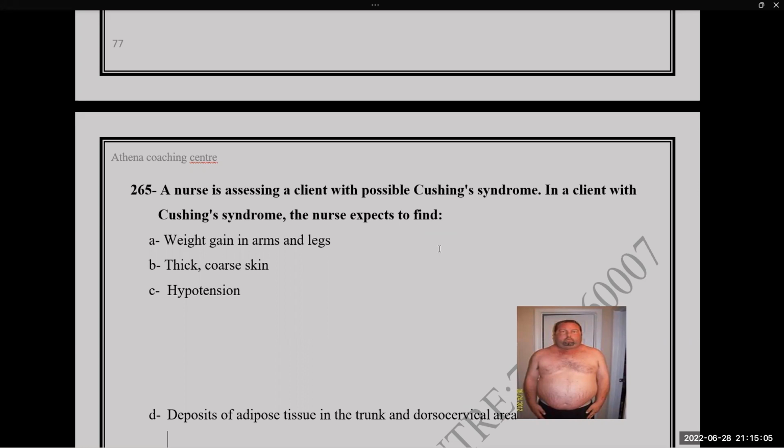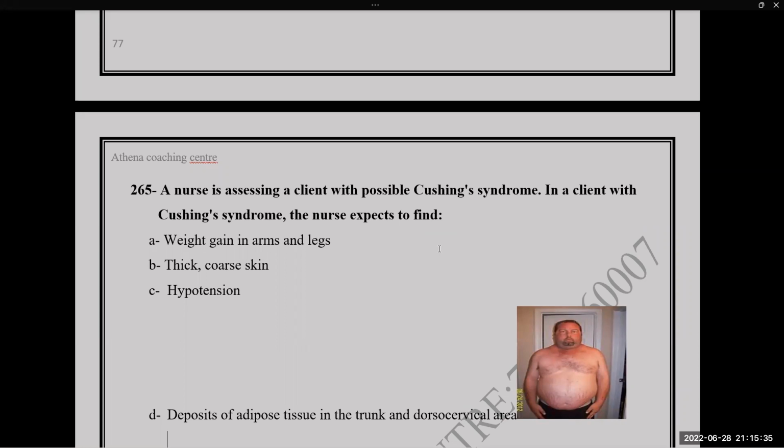And when you look at the extremities, that means hand and leg, extremities are thin, and the central portion of the body, the chest and waist portion, so the central tummy also, will be obese, but the extremities are thin. So in Cushing syndrome, what we expect?